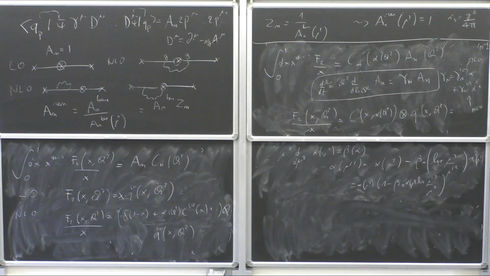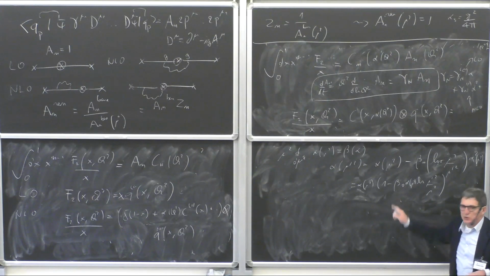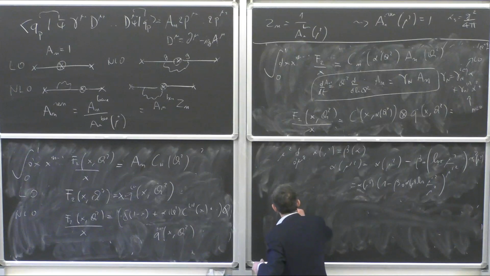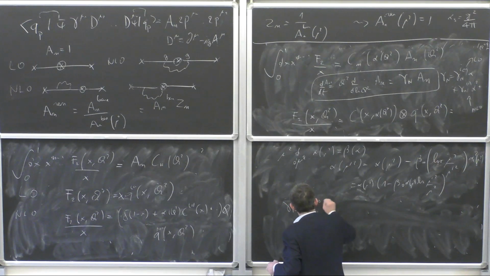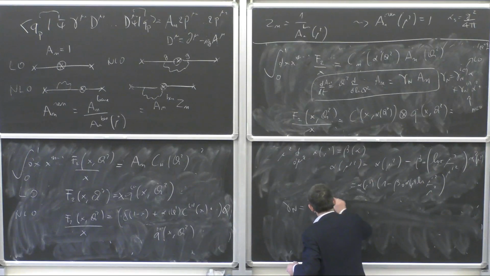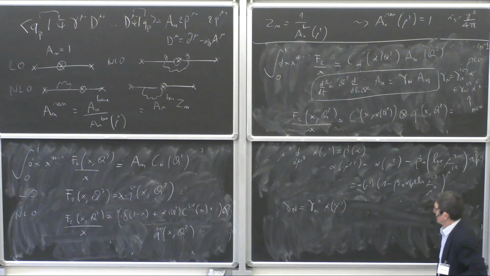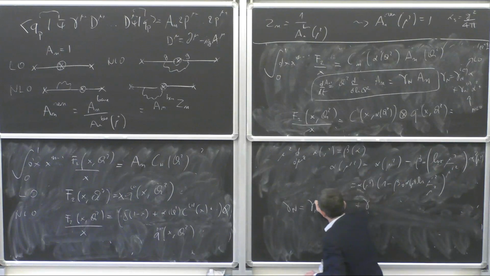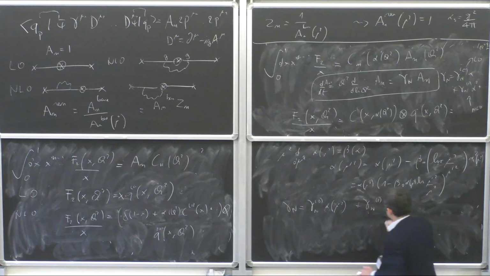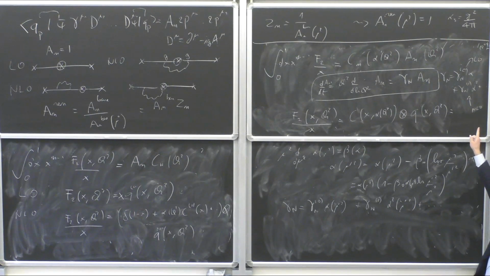So let's say I calculate my anomalous dimension gamma n with this new choice. I get gamma n is equal to gamma n naught of half times alpha of mu prime square plus gamma n 1 alpha square of mu prime square plus dot dot dot. I'm taking the expansion of the anomalous dimension just as an example of what happens.